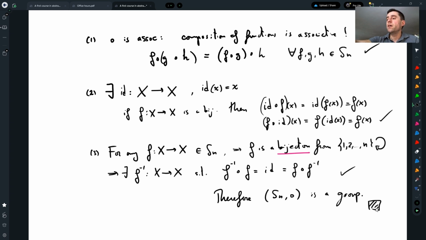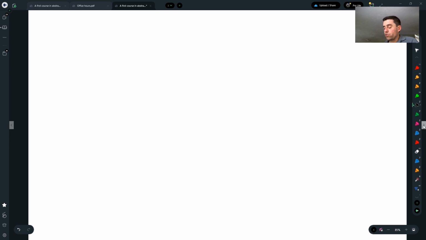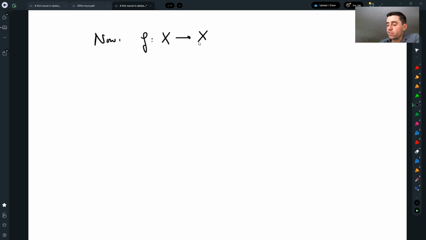Let's see then. Oh, we are not done. Let's not get ahead of ourselves, because there was something else in the statement, which is that there are n factorial elements. Now, let's count how many possible maps there are, bijections from X to X. Well, one is going somewhere, and I have complete freedom where one goes. There are n choices.